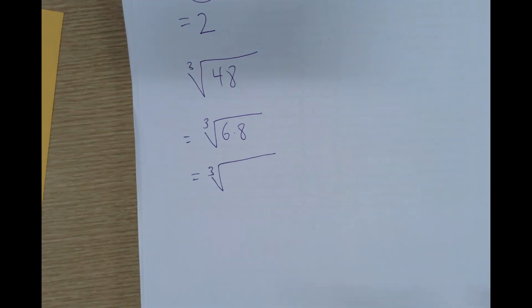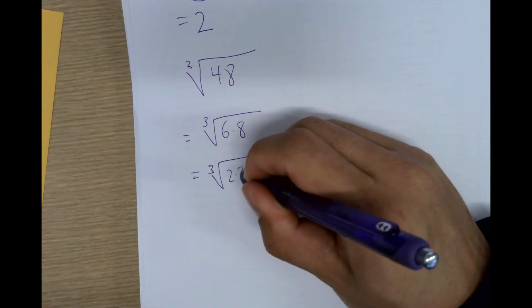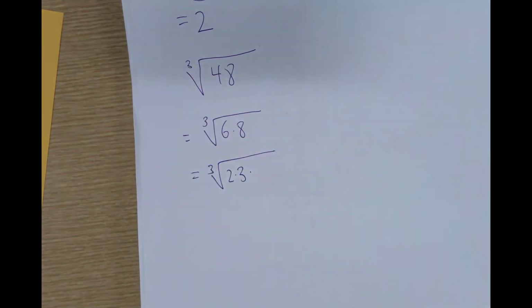What divides into 6? 3, and? 2. So we can break that into 2 times 3. And then what can 8 be broken up into? 4 and 2. Or 2 times 2 times 2. Oh, yeah.